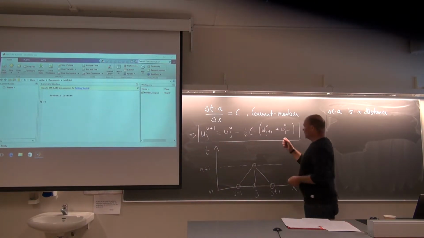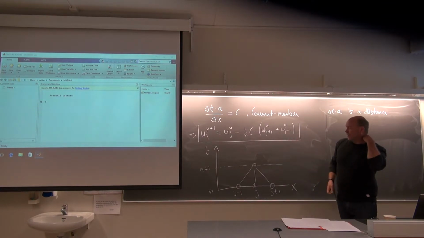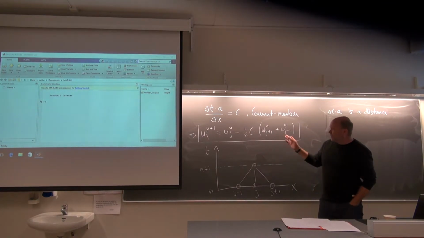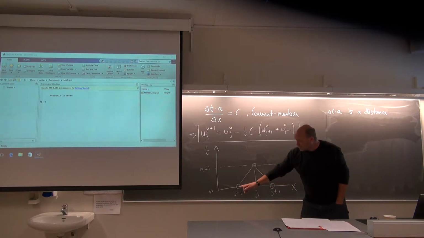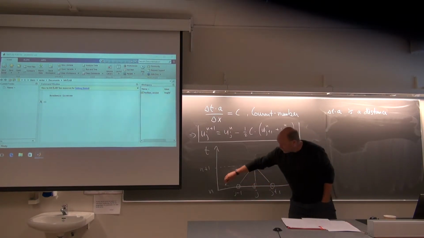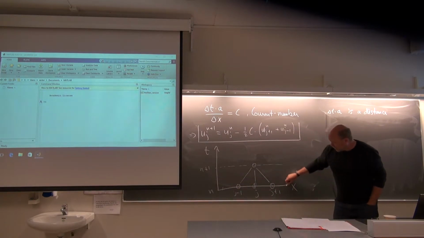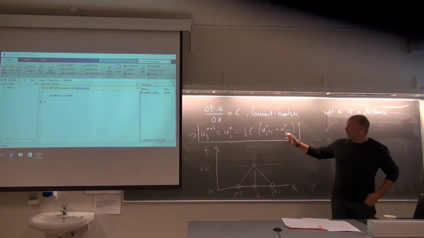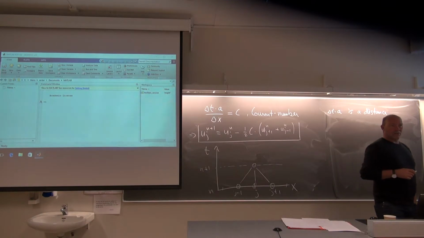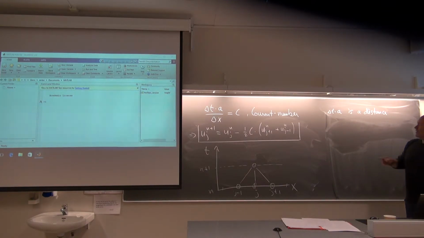Well, look at the stencil here. I have only used the closest neighbors. I don't use j minus 2 or j plus 2. They are not involved in my discretization scheme. Meaning this information, when it travels during one time step, should not travel longer than one single delta x. So this distance should be smaller or equal to delta x.